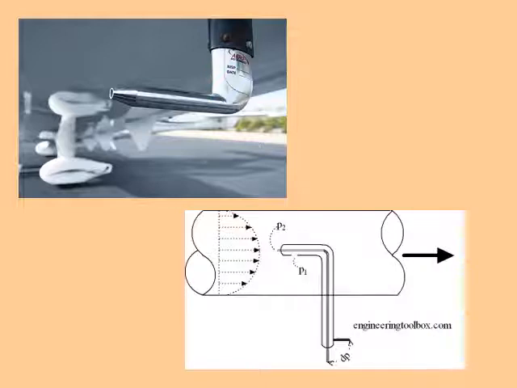So this is one type of pitot tube inserted to measure the velocity of the fluid, and here we can see the distribution of the velocity. We already studied that the velocity at the axis of the pipe is maximum, that is Umax is highest at the axis of the pipe. For that reason, this tube is inserted at the axis of the pipe.